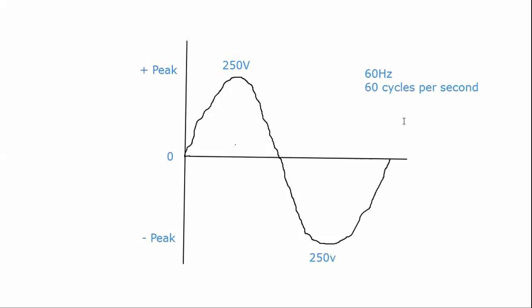Which simply means that if you're not getting the peak voltage in all the sockets in your house, something is pulling the voltage in the wrong direction, or you have too many things connected to one circuit. Therefore, the voltage cannot be distributed evenly.